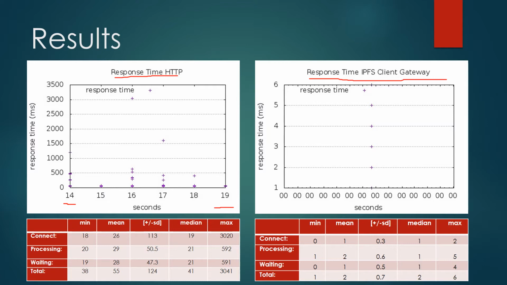As you can see, the average total processing time for HTTP was 55 milliseconds, with a lot of variance. The maximum time it took to serve a request was 3,040 milliseconds. The request probably up here.